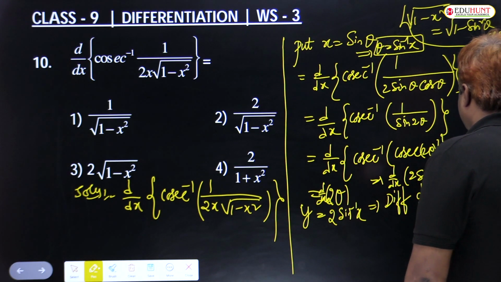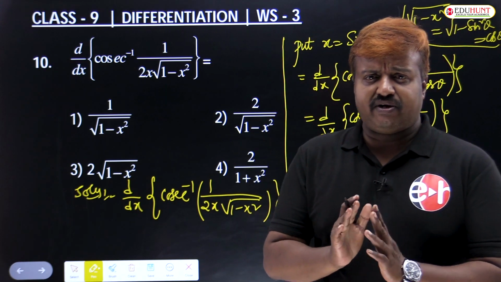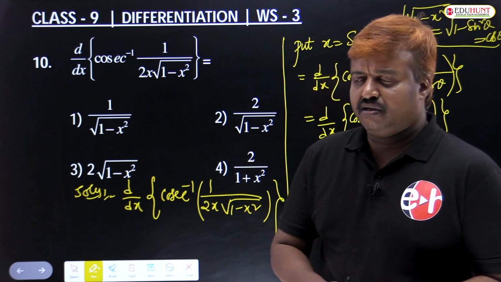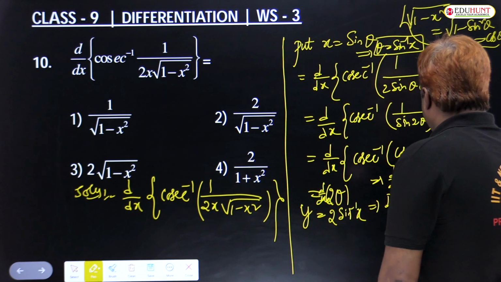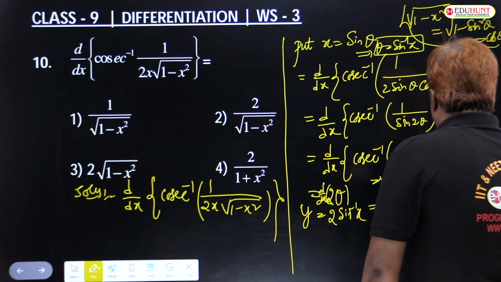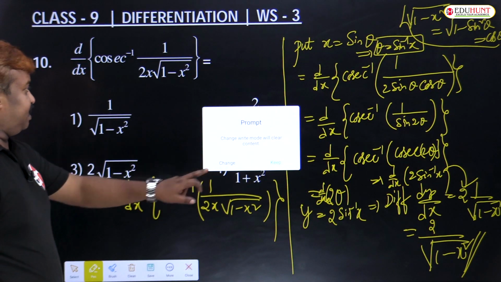Why? Because the derivative of sin inverse x is 1 by root over 1 minus x square. Now the option is 2 by root over 1 minus x square. Okay, note down, children. Okay, I am changing the question here.